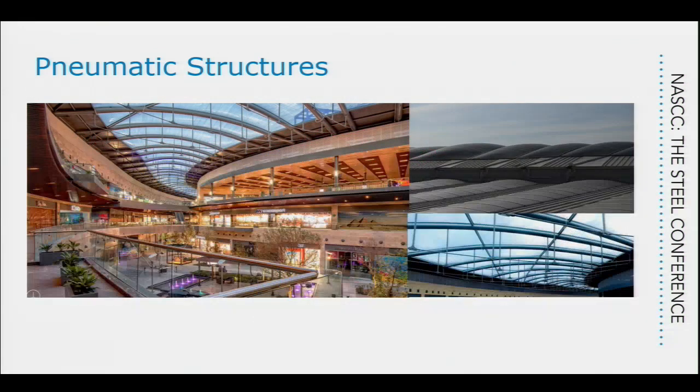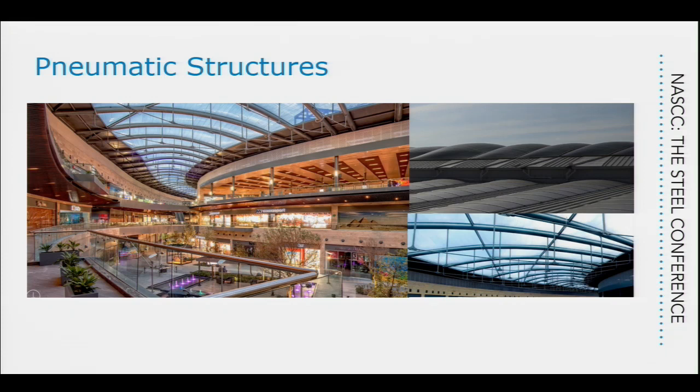But in a more mundane setting, this is a shopping mall that we did. This is one of these exterior shopping malls that got too hot, and they wanted to convert it to a conditioned space. So in between, we put an ETFE roof. This ETFE is a clear material, and you can't actually see that those are bubbles, and that's good because we want it to be as clear as glass.